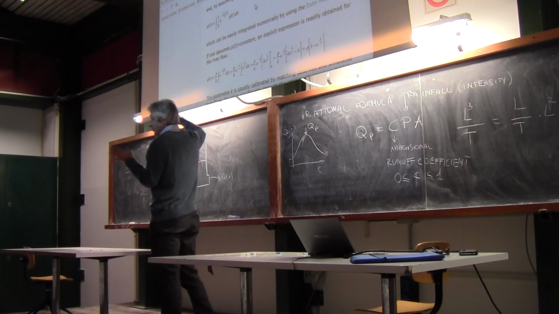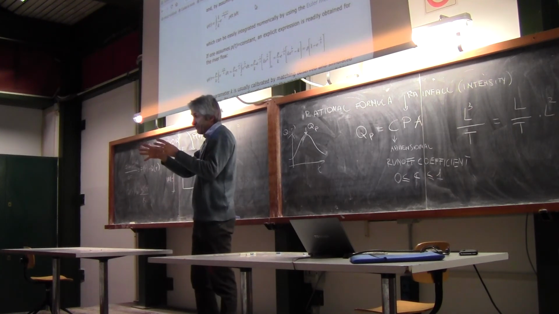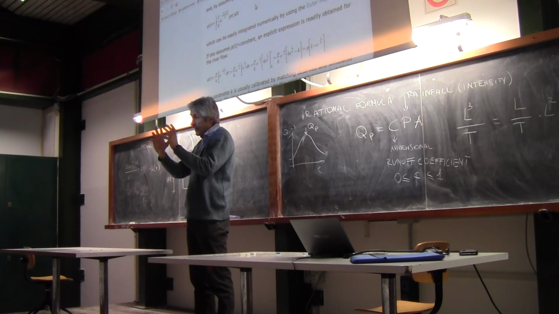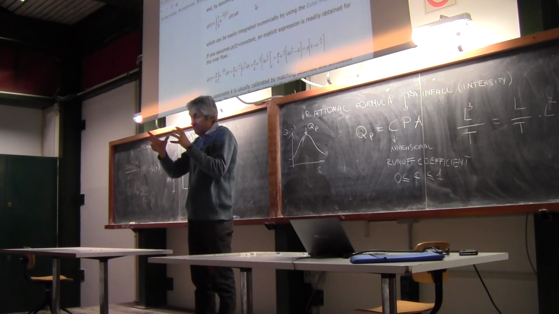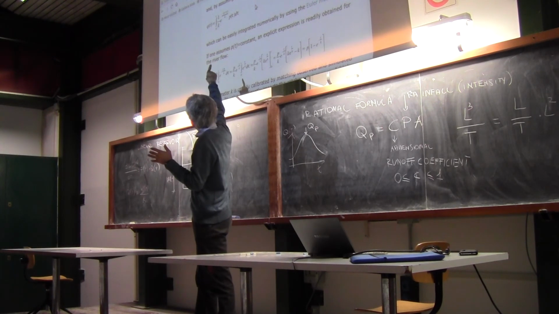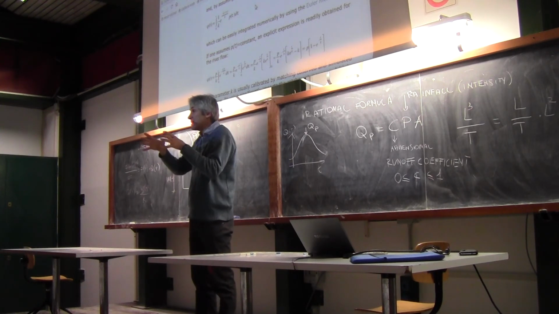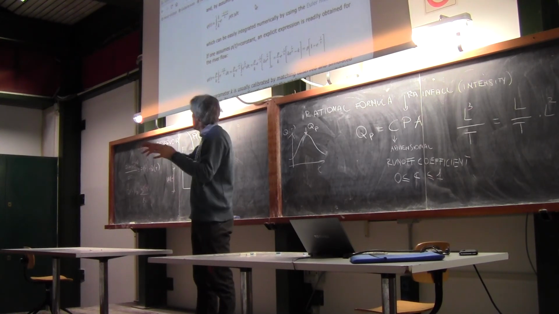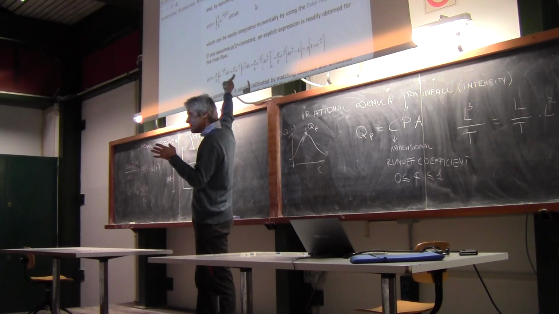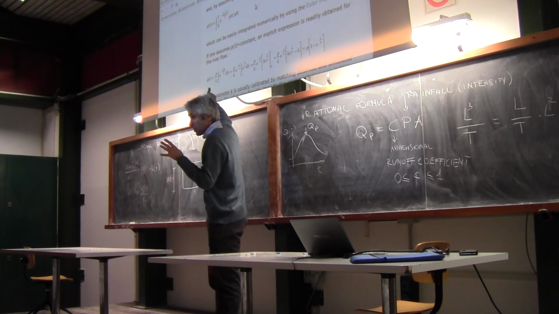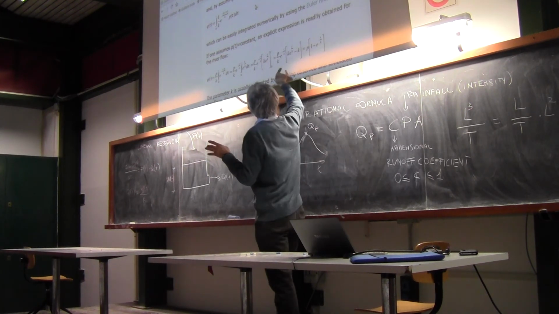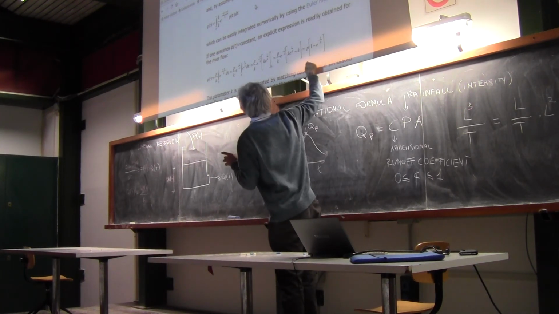We need to give a function for rain. If we don't give a function for rain, we cannot completely solve that integral. So the final general solution of the linear reservoir still includes an integral. But if we assume that rain is constant, we can easily integrate it, getting this final solution.